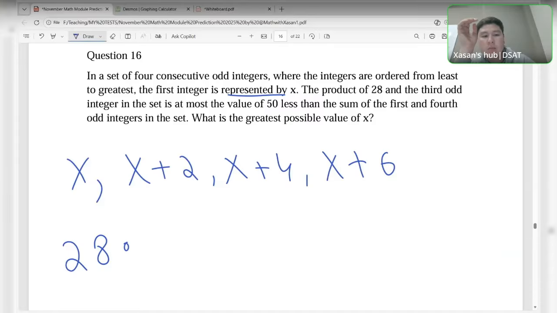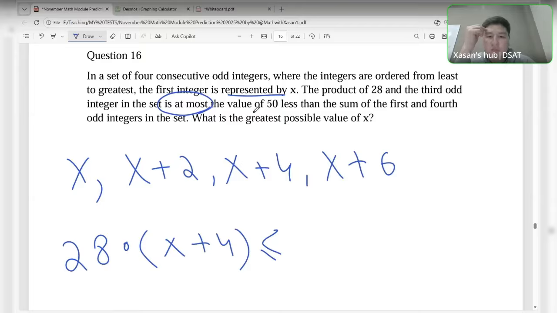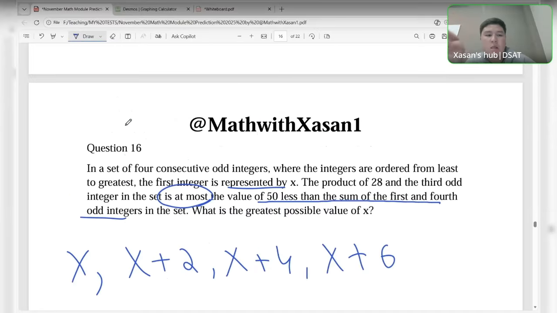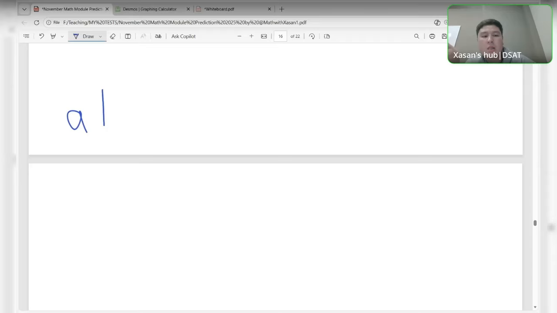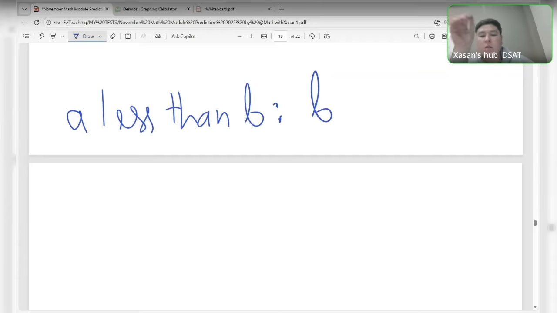28 multiplied by the third odd integer, which is x plus 4, is at most, guys. The words at most mean less than or equal to. Is at most the value of 50 less than the sum of the first and last odd integers. Just one thing, guys. If you have a less than b, that means it is b minus a all the time.